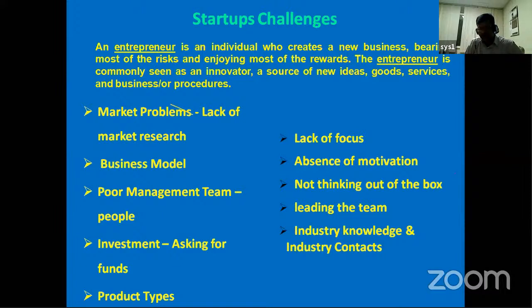Equally, one more challenge is there, that is money investment or requirement of funds. Yes, based on your business model, the investment can start from zero money to a minimum.